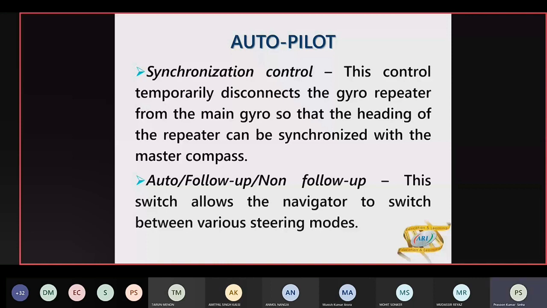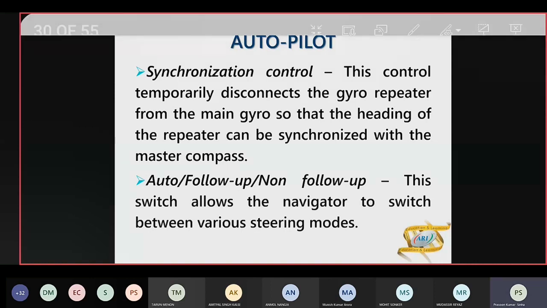But we are talking about these 3 which are basic and available in all autopilot systems. The auto is basically autopilot when you want to run it in PID mode. That autopilot system is working. If not, then you are manual steering, hand steering में.